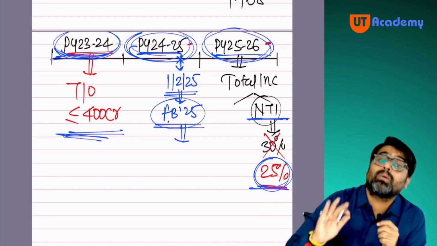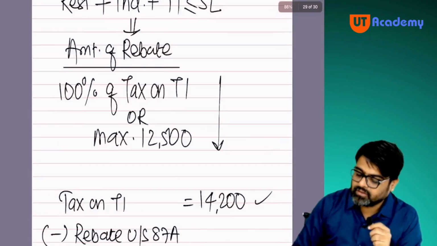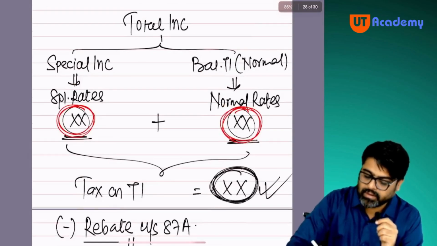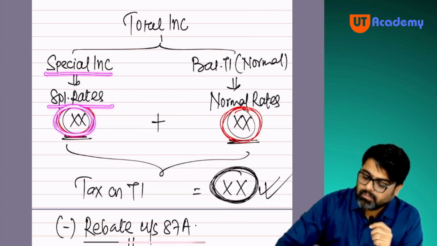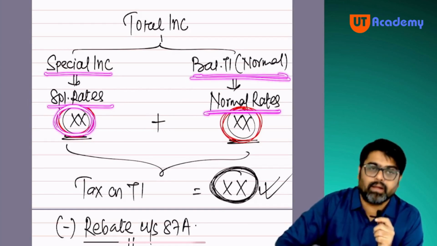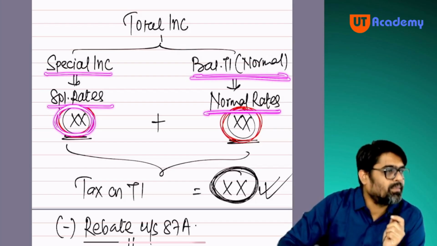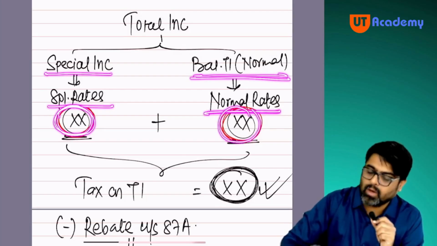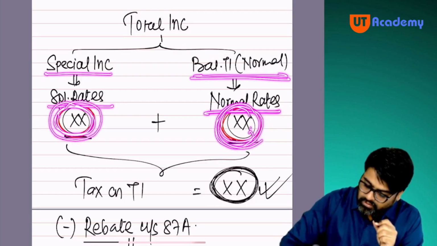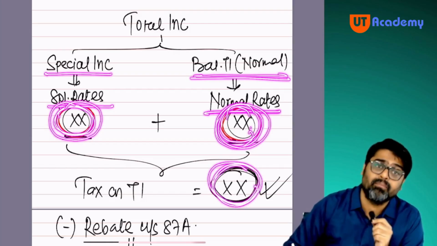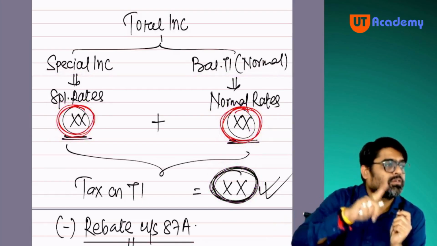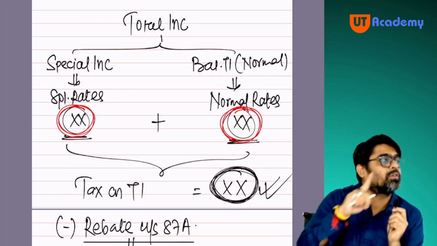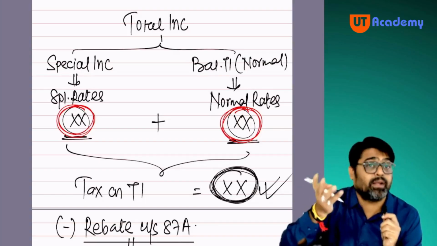So this is the normal tax rate for a domestic company. Now come on, tell me. Special income, special rate. You will get the tax. Balance total income, normal rates, 30% or 25% as the case may be. You will get the normal tax, special tax plus normal tax. Will you get tax on total income? Hello? Add surcharge also. Add 7% and 12%. 7% and 12% is the rate of surcharge.